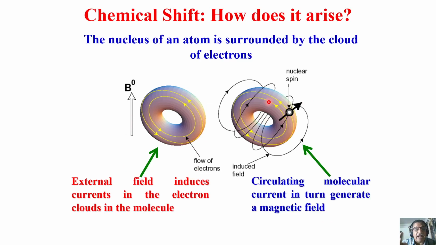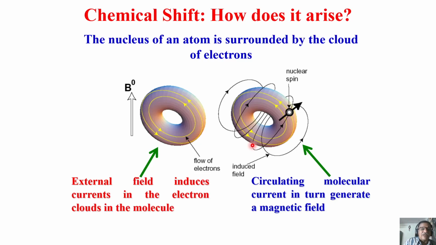There are two things happening. Please remember, the external field starts inducing currents in the electron clouds of the molecule, and this circulating current in turn generates a magnetic field. So in addition to the external magnetic field, there is some other field produced within the molecule. Now what happens to this field?